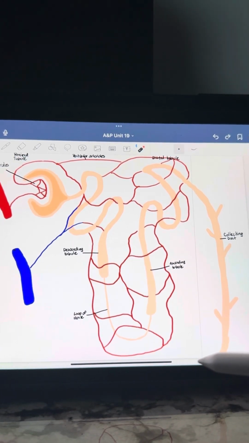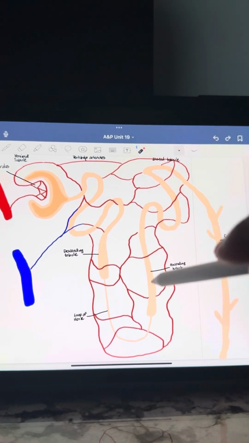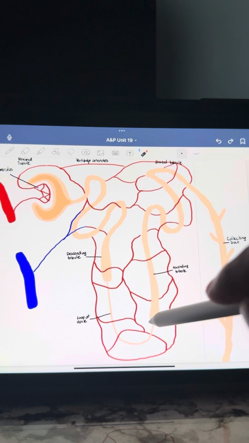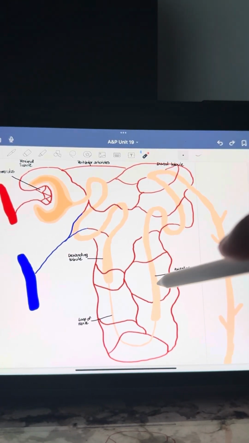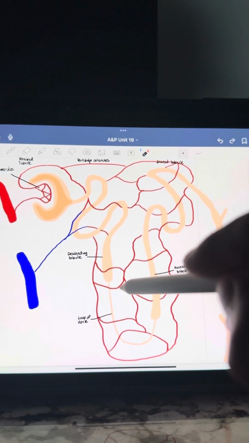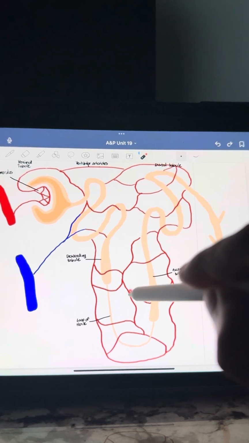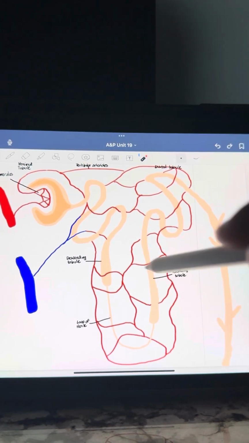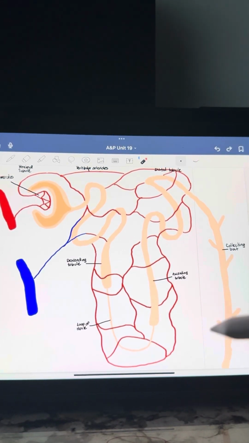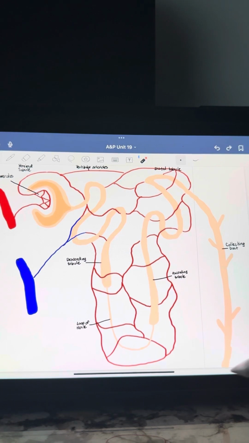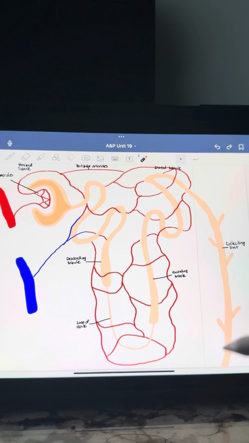Filtrate becomes less concentrated as it moves up. So as it goes up, water is not permeable here, but there are solutes outside in the interstitial space. Concentration can get as low as 50 milliosmoles per liter.